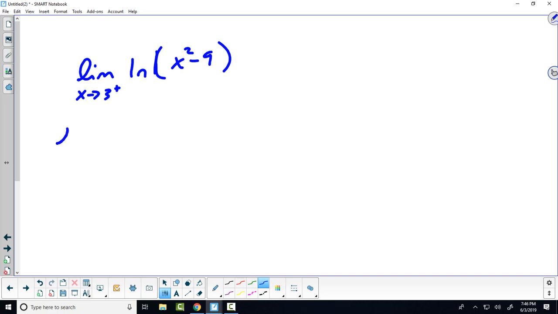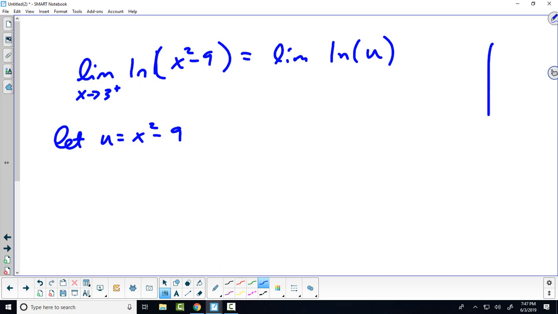We do this technique over and over again in this class, so I might as well start seeing it now. Let's let u equal x squared minus 9. How does that help me? Well, now I'm going to take the limit of the natural log of u, and I know all about the graph of the natural log of u. So it's a lot easier. If I couldn't see this graph, I do know the natural log of u, or I expect you to know it. Okay. Here's the graph of the natural log of u.